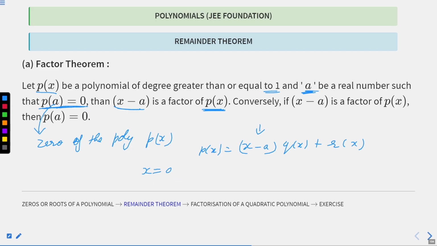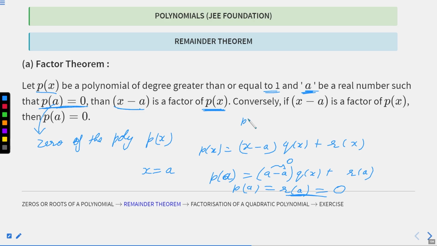So taking x equal to a, p(a) is equal to (a minus a) q(a) plus r(a). Then p(a) is equal to, this becomes 0 already because a minus a is 0, so this is equal to r(a), and now we know that p(a) is 0, so this means r(a) is 0, that means the remainder is equal to 0. So my remainder of the polynomial is 0.